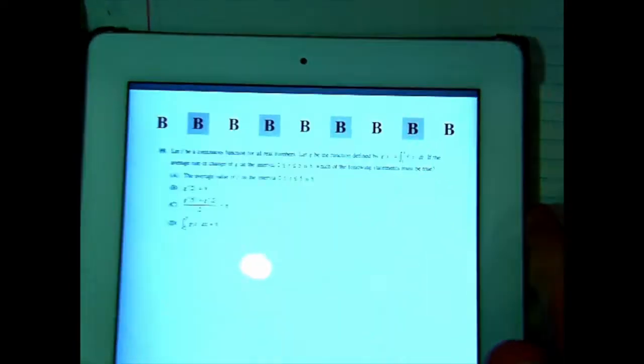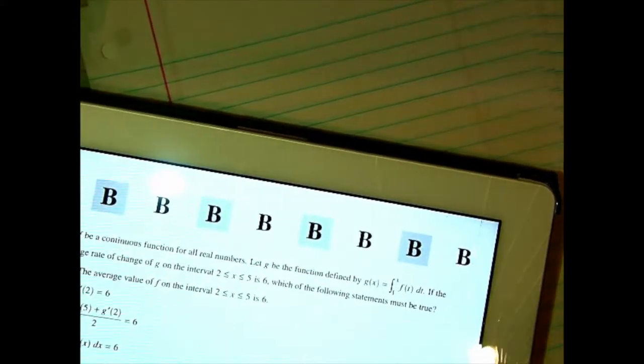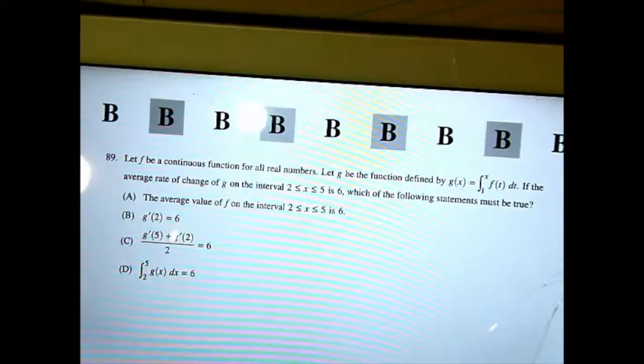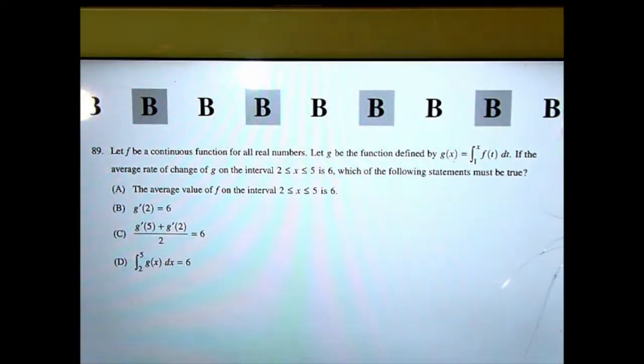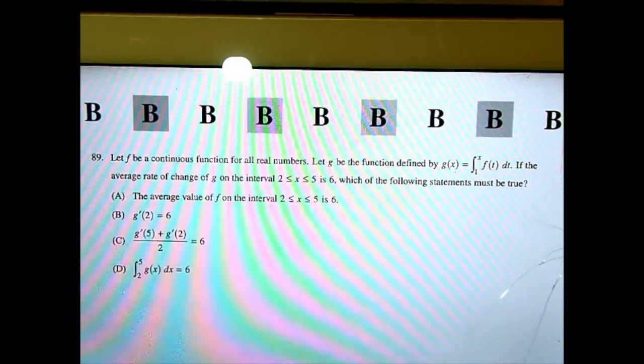Okay, so we are going to move on to number 89, which says the following. Let me actually rotate this so I can make the screen a little bit bigger. Let f be a continuous function for all real numbers. Let g be the function defined by, okay, it's an integral function.